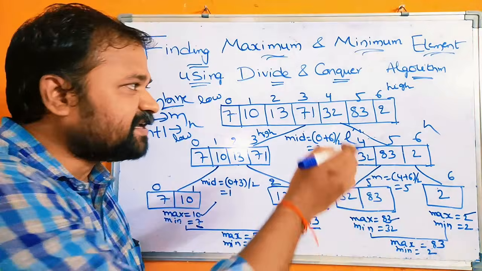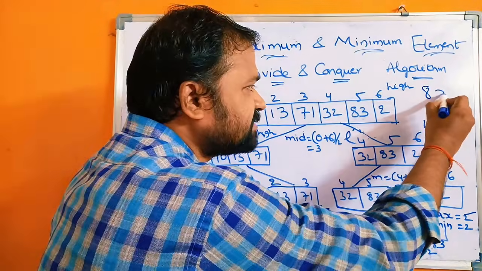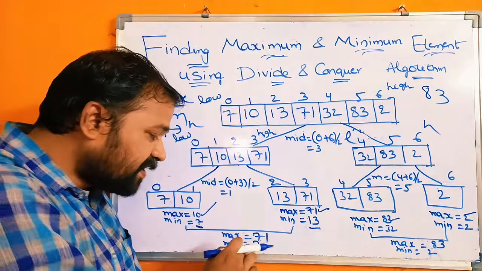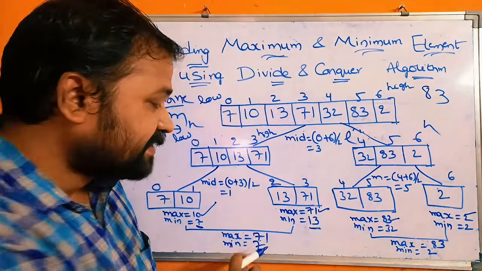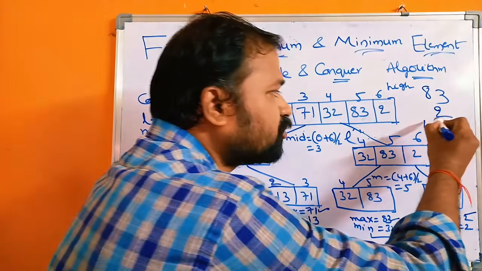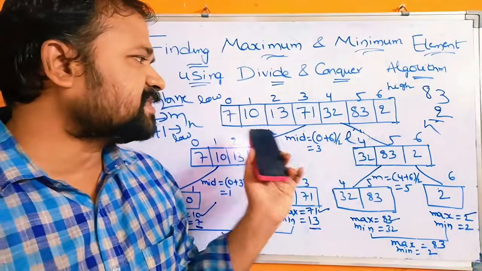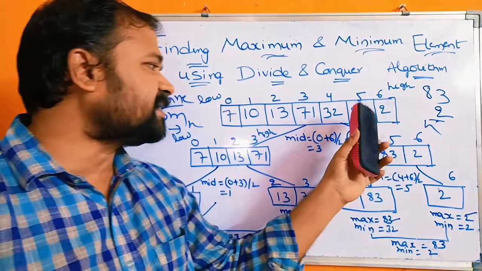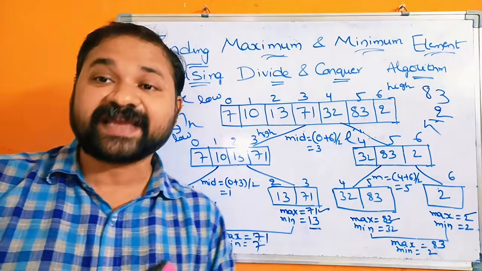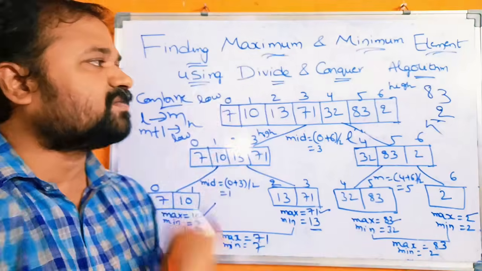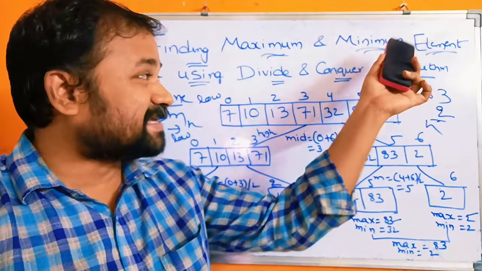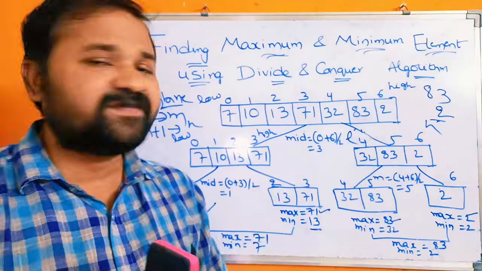So out of 71 and 83, 83 is the biggest element. Compare list 1 minimum with list 2 minimum element. 7, 2, which is the minimum element? 2 is the minimum element. So out of all these elements, 83 is the biggest element and 2 is the smallest element. So like this, we can find the maximum and minimum element using the divide and conquer algorithm.